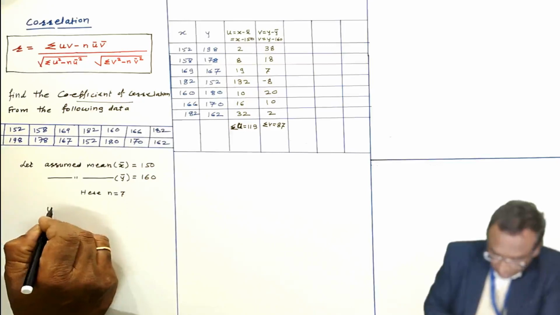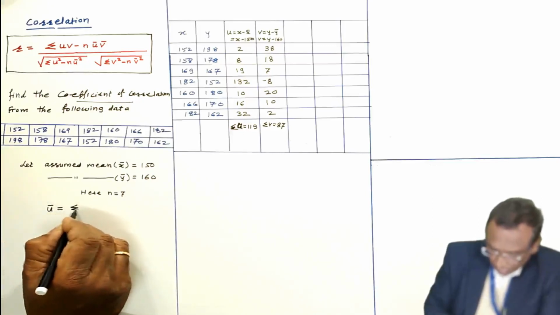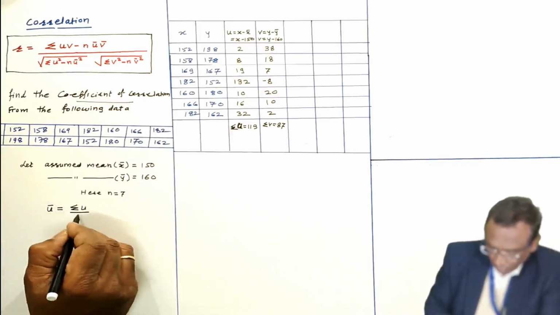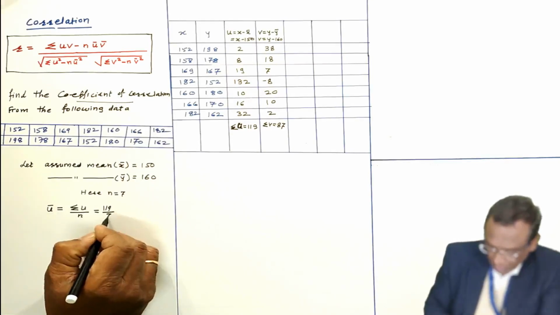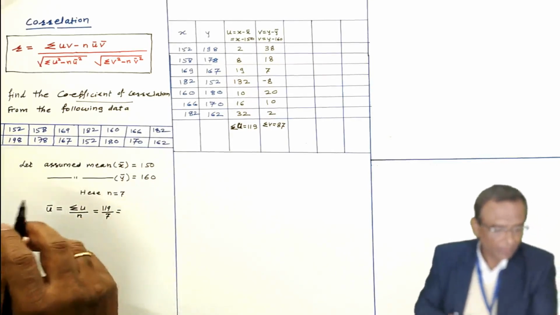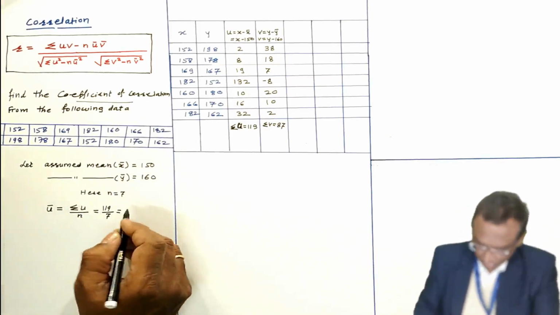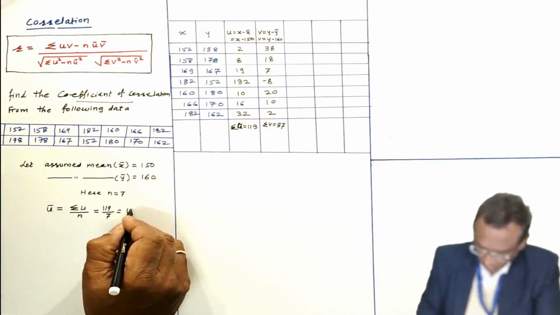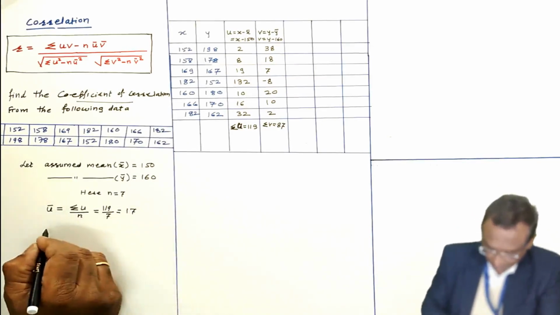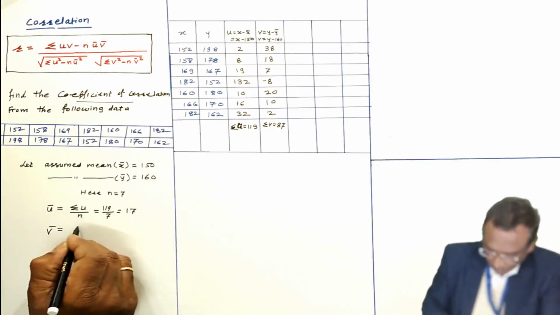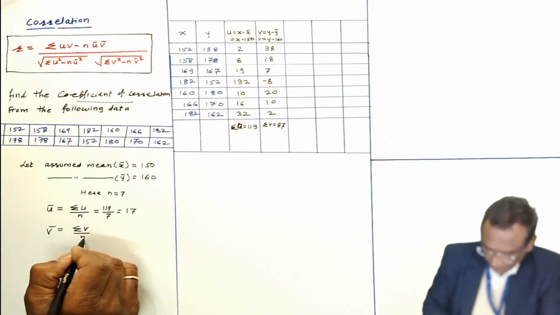Now u bar is equal to the summation of u, the sum of all values of u, by n. It is 119 by 7, and using a calculator, it is 17. Then v bar is equal to the summation of v by n.